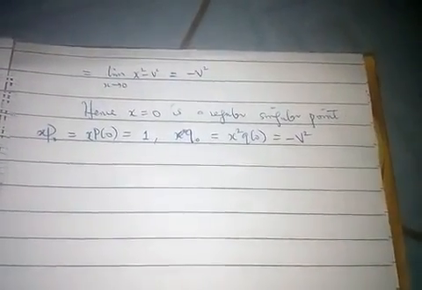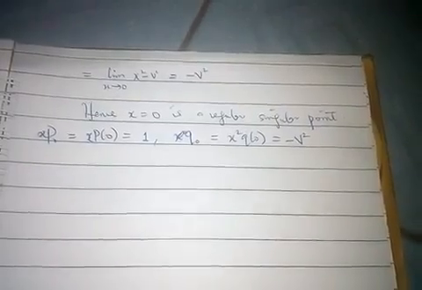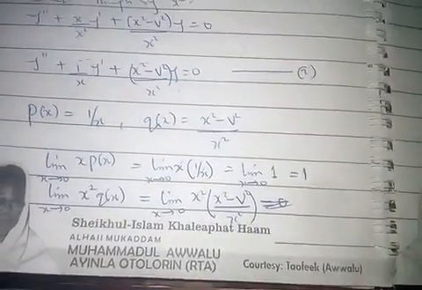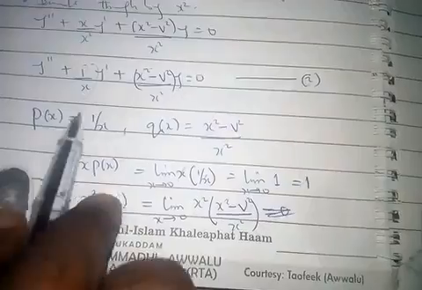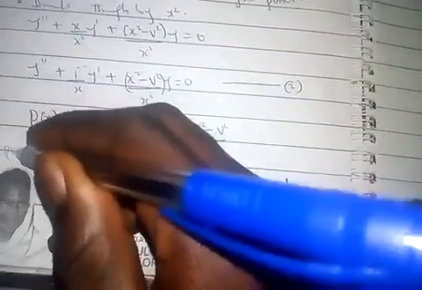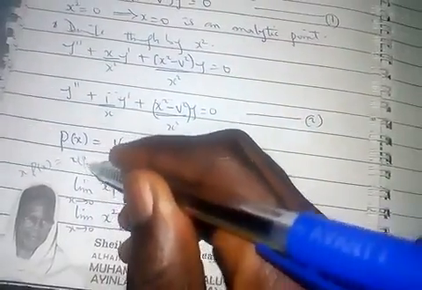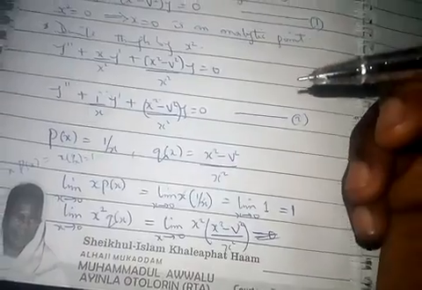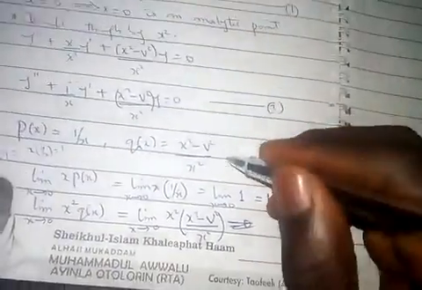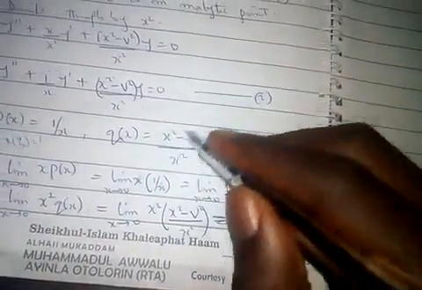I hope you know how I got this. Remember, this is p of x equal to 1 over x. So x p of x will be x times 1 over x equal to 1. Then the other one, q of x equal to this.